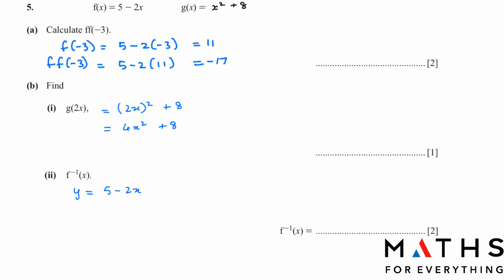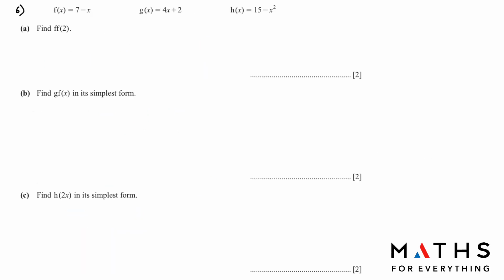The signs will change. 2x is equal to 5 minus y. This is a multiply. When we shift to the other side, it will be a divide. x is equal to 5 minus y over 2. Now that our x is alone, we are going to replace it with f inverse x and replace the y with x. I hope you got all of it right.